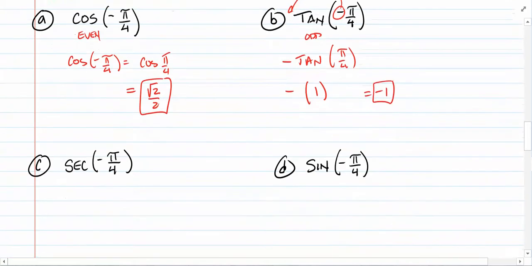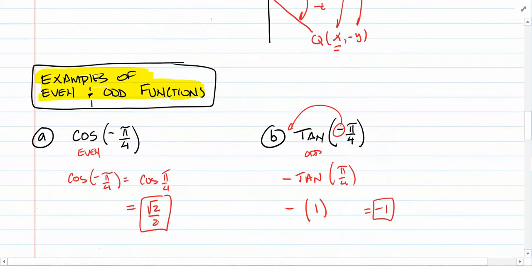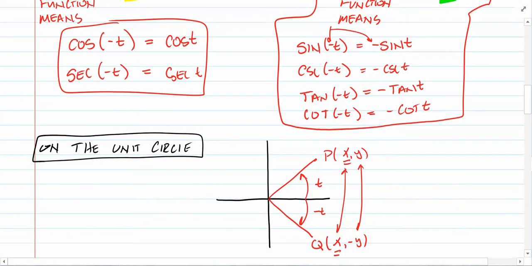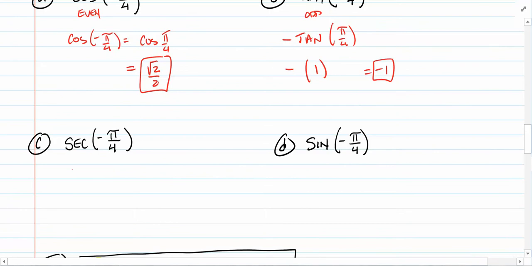All right, the secant of negative pi over 4. Secant is an even function, so the secant of negative pi over 4 is equal to the positive secant of pi over 4, because that's what it means to be an even function. And secant is just 1 over the cosine.